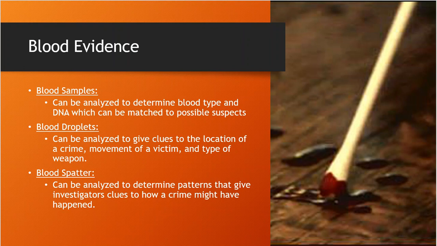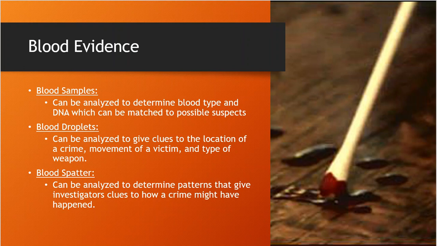And what you're seeing on the screen right now are three different ways. One up at the top are blood samples. We know that they're blood, and we donate that blood to a laboratory and or give it to them, and we tell them, test it for us, please. The next one is blood droplets. So not an entire sample, but maybe something that we have collected, maybe on a crime scene, that we have submitted to a laboratory, and we want to know more about the drops.